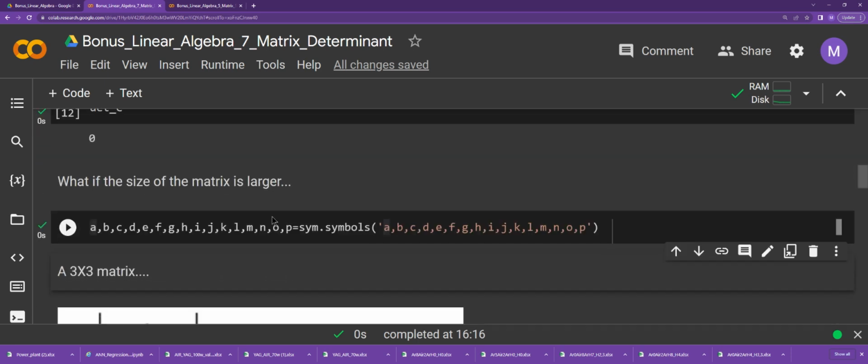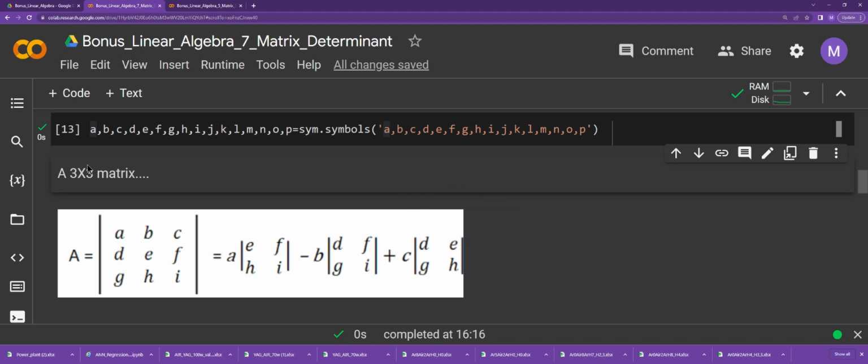So if we have this matrix A, B, C, D, E, F, G, H, I, and let's forget about J, K, L, M, N, O, P, the determinant of this matrix A is going to be this. Okay, how do we come by this?